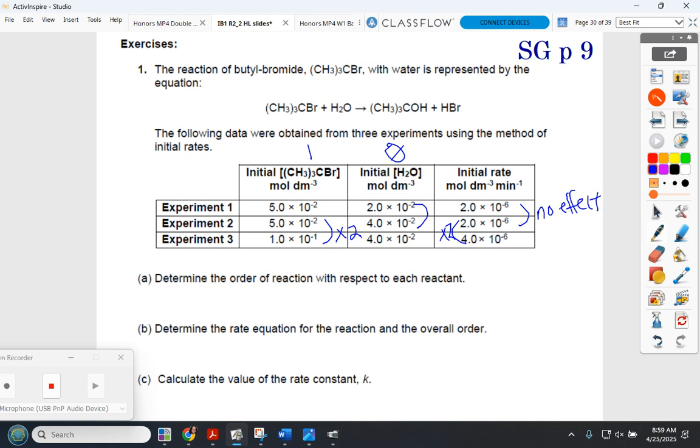And then for the other substance, 2-methyl-2-bromopropane, I think is what it is, you'll learn about that later. Multiplying it by 2 also multiplies the rate by 2, so that gives us a doubling and doubling. The same thing is happening, so that's a first order reaction. If it was doubling and quadrupling, it would be a second order.